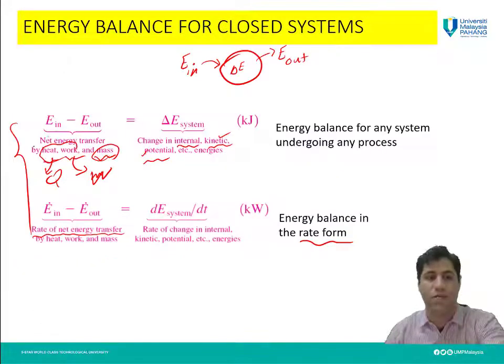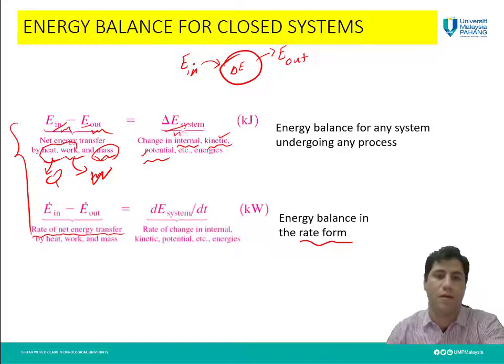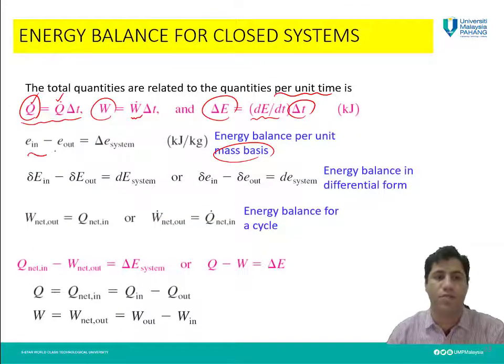So if we just divide this by m, we will have this equation, which is the energy balance per unit mass basis. E in minus E out equal to delta E of the system, but this lower case form of e shows that this is the energy balance, or energy to the system, per unit mass.